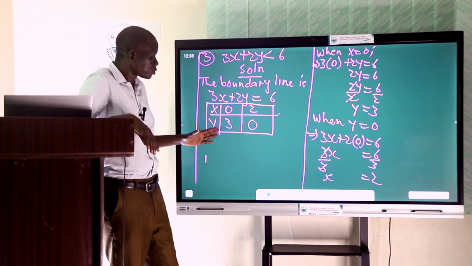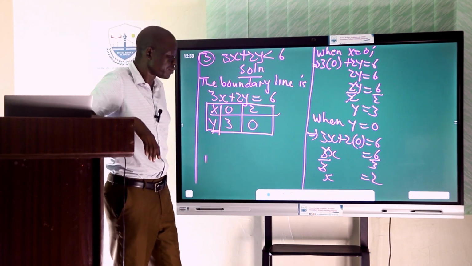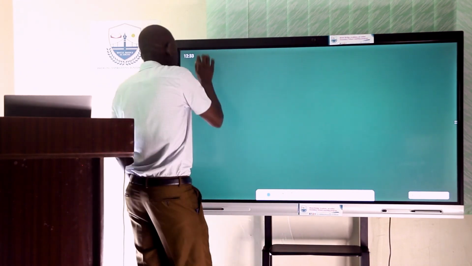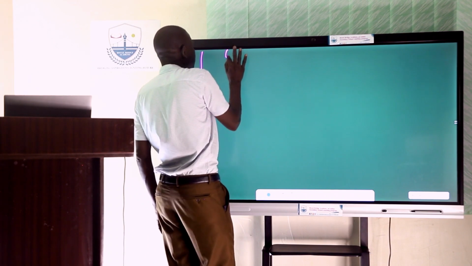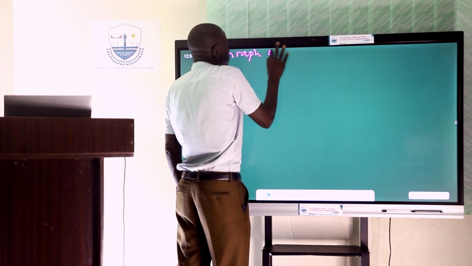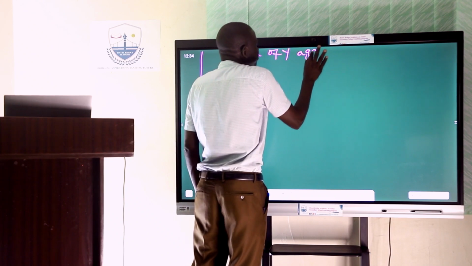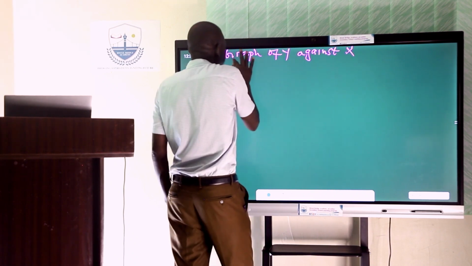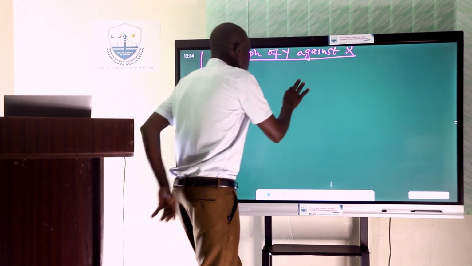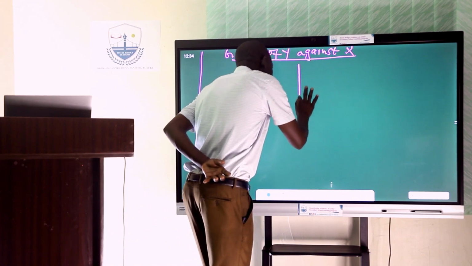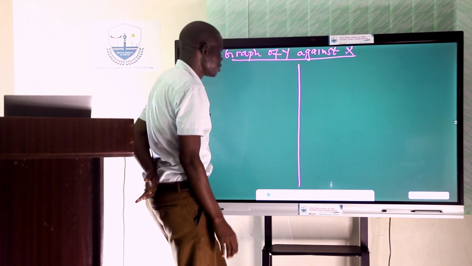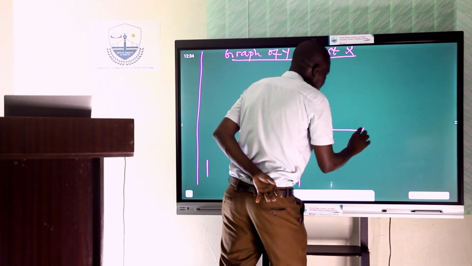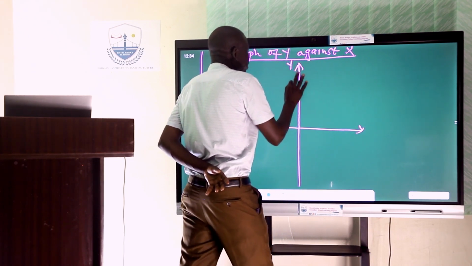Then we now plot these figures on a graph. Let us now plot. So we write the graph of y against x. Our graph will be in this form. Draw that line. Then we draw a horizontal line. This is the y-axis.